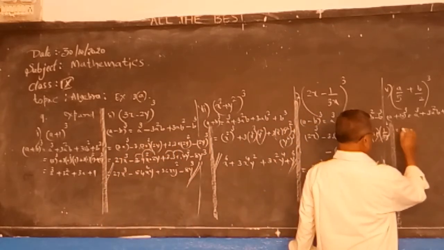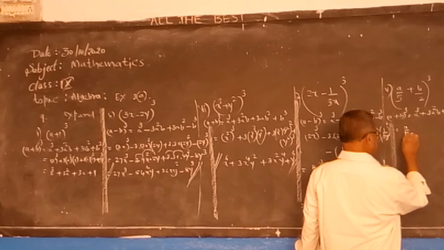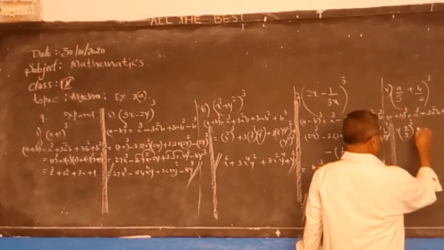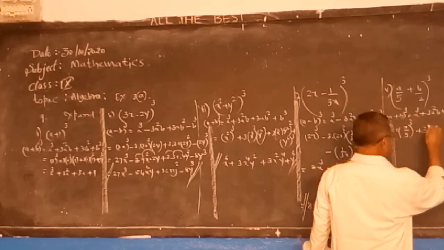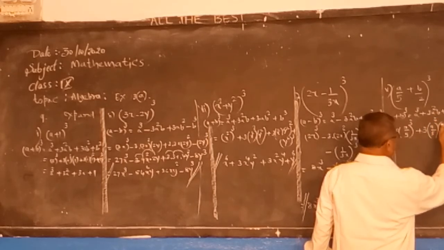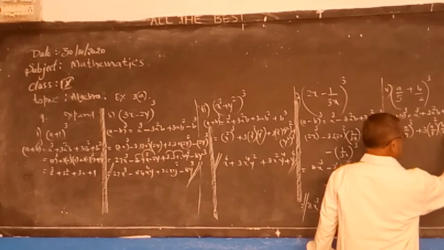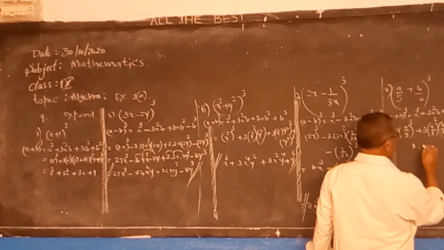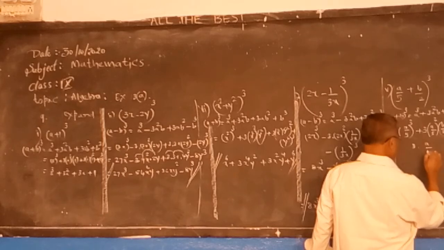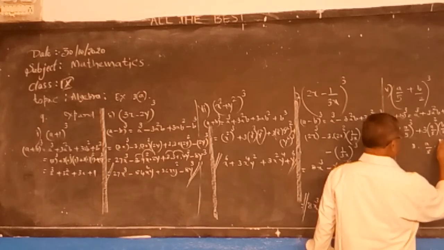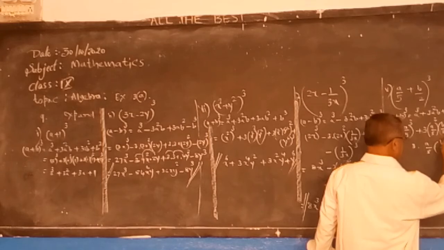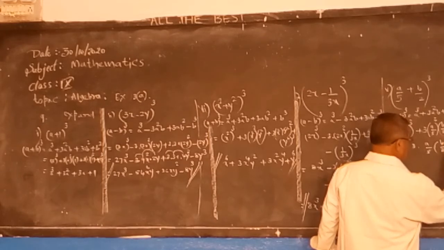(a by 5) cube plus 3 into (a by 5) squared into b by 2, plus 3 into a by 5 into (b by 2) square, plus last (b by 2) whole cube.